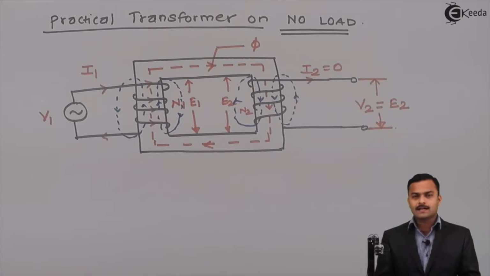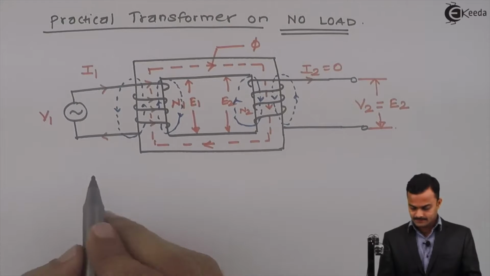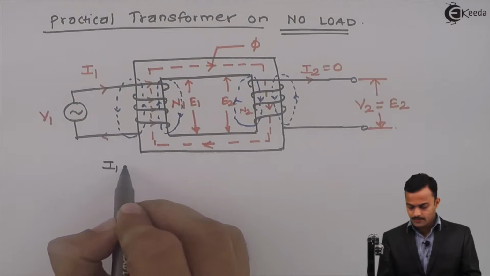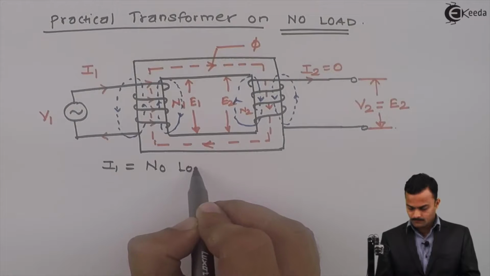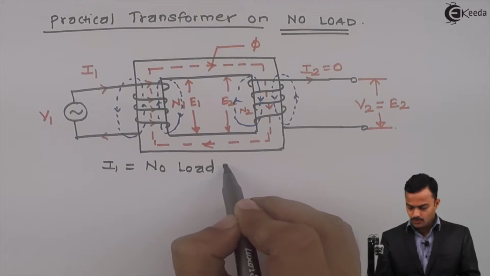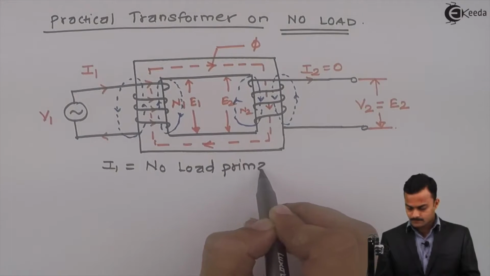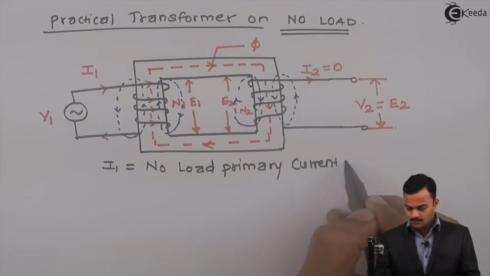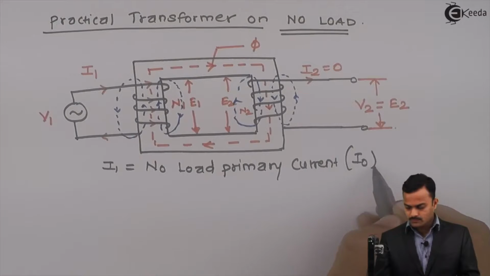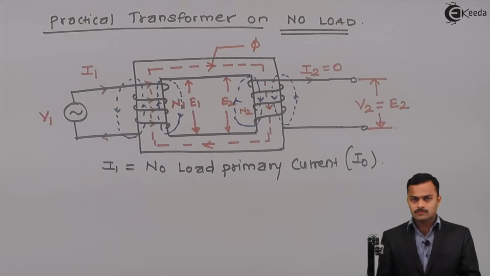There will be I1 current. The job of I1 current is like this. So this I1 I will call the no load primary current, I0, a very small value.